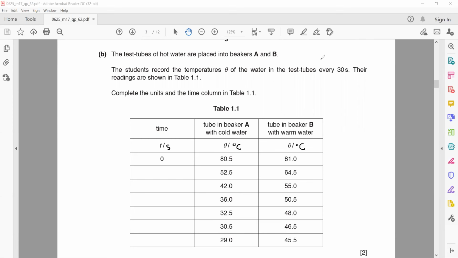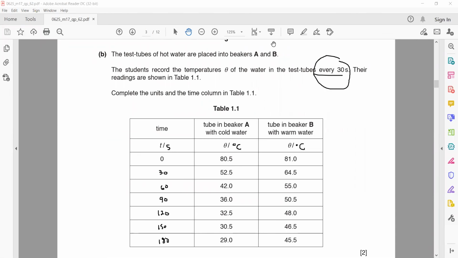Then the student records for every 30-second interval. So 0 is there, 30 is there, 60, 90, 120, 150, and then 180. These are the time intervals, because the student records the temperature for every 30-second interval.